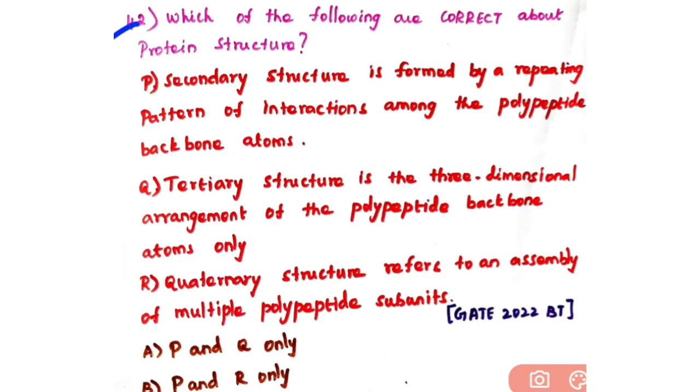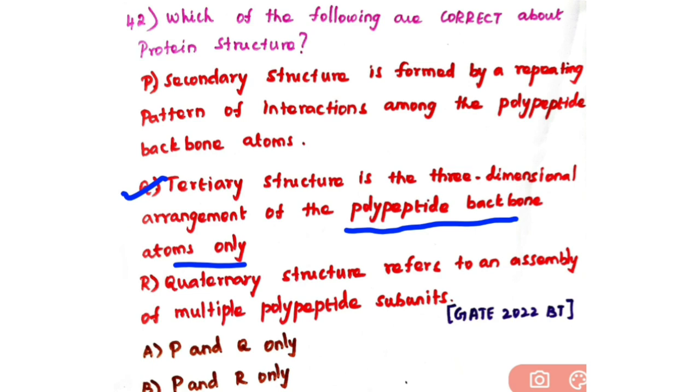Next question is, which of the following are correct about protein structure? First option P, secondary structure is formed by a repeating pattern of interactions among the polypeptide backbone atoms. Yes, it's correct. Second option Q, tertiary structure is a 3-dimensional arrangement of the polypeptide backbone atoms only.